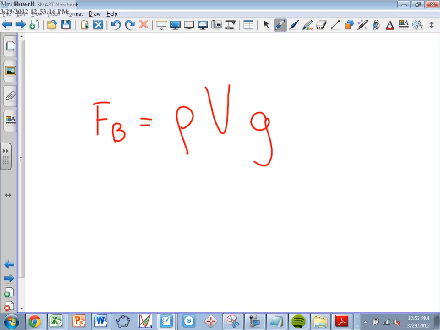You can't change this. The gravity on Earth is always gravity. So the only thing you can alter is the volume. So if you maximize the volume, you maximize the buoyant force. Think about it logically. If this number is a 2, and I multiply it by 1 and 1, it's just 2. If it's a 4, it makes this go up. If this is 10, it goes up. So the goal for today's lab in physics was to find the maximum value of the volume.